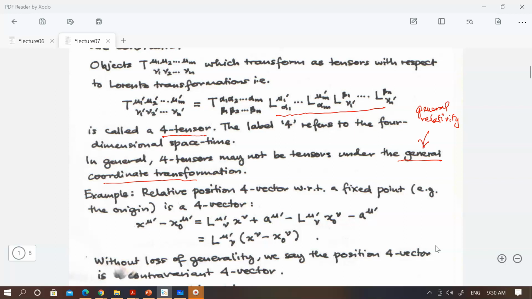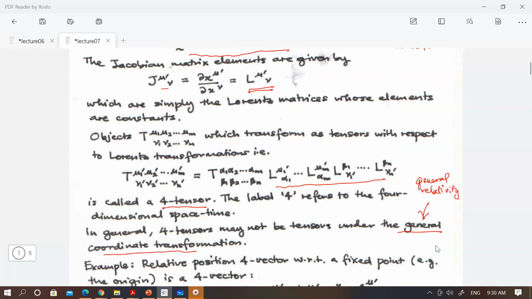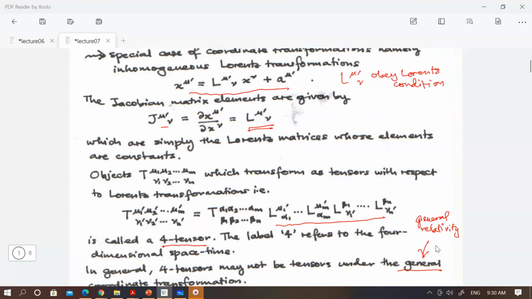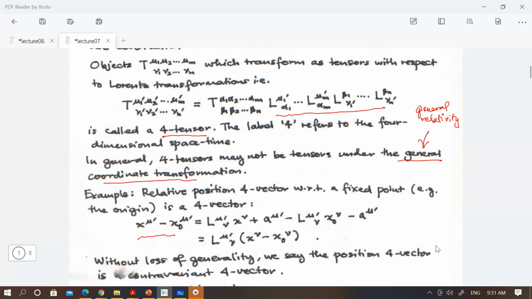So you take the relative position with respect to this fixed point. If we look at how it transforms using the linear transformation earlier, this is for the x mu dash, and this is for the x naught mu dash, which is a fixed event.